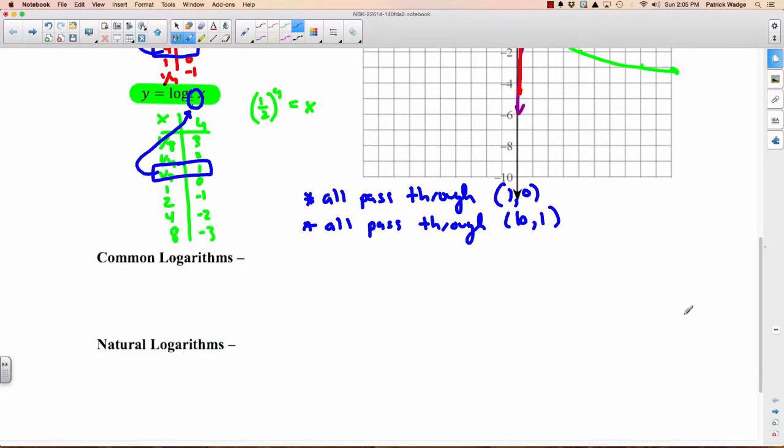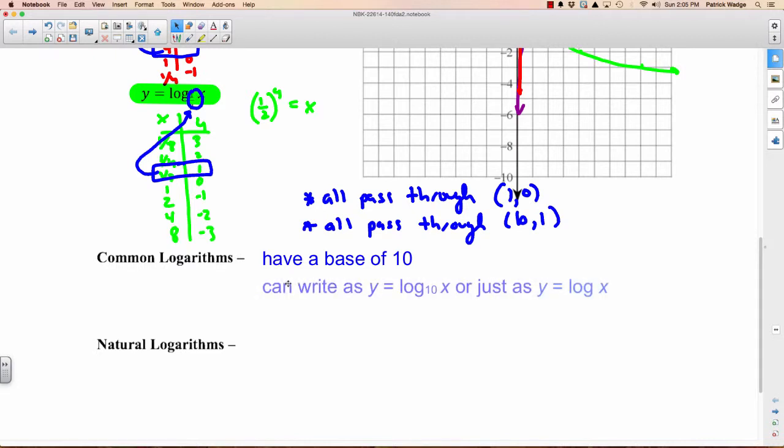So that's very important to know. Now there's 2 special logarithms we're just going to quickly mention. One is called common logarithms, and just like the name suggests, they are the most common ones. They have a base of 10. So that would look like y equals the base 10 logarithm of x, or because it's so common, if you put no base at all, then it's taken to mean that it's a base 10 logarithm.